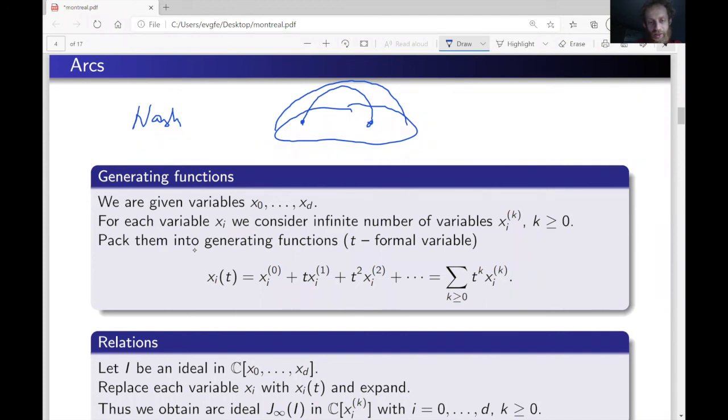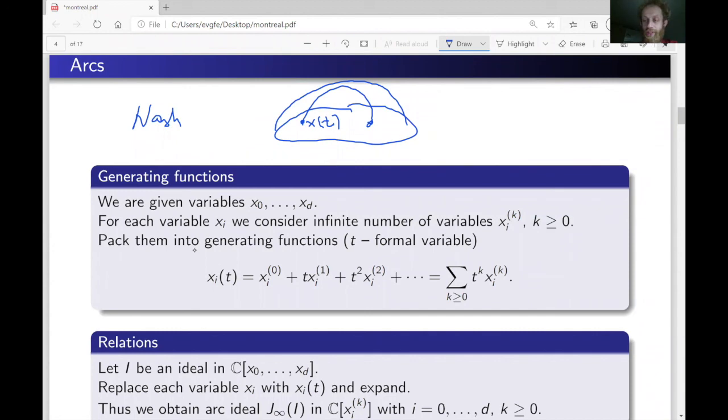This arc is parameterized by a parameter t. Then instead of considering just points of the variety, you consider arcs, and you want to understand the structure of this arc variety. But of course, this has been done in a much more algebraic way afterwards.